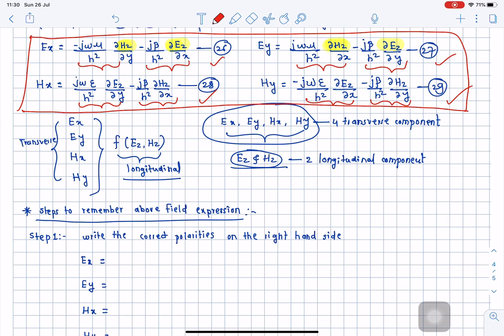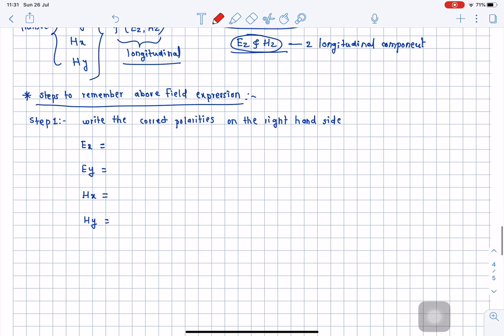So you need to write the correct polarity for these two terms on the right hand side of all these four equations. Here we recall that it is minus, minus, plus, minus, plus, minus, minus, minus. So you need to remember the first term is minus, second term is minus. Then for the second component it is plus, and the second term is minus. For the third component it is again repeated, first is positive and second is negative.